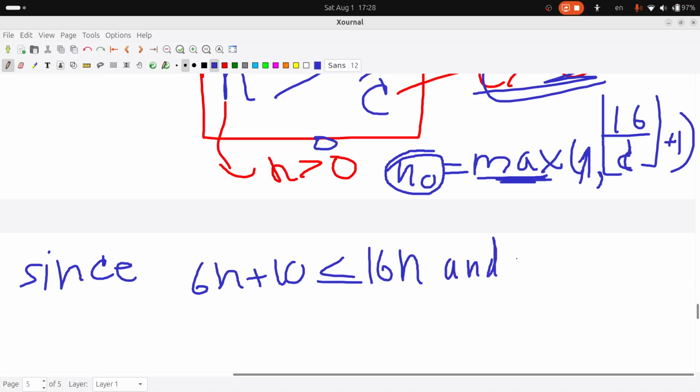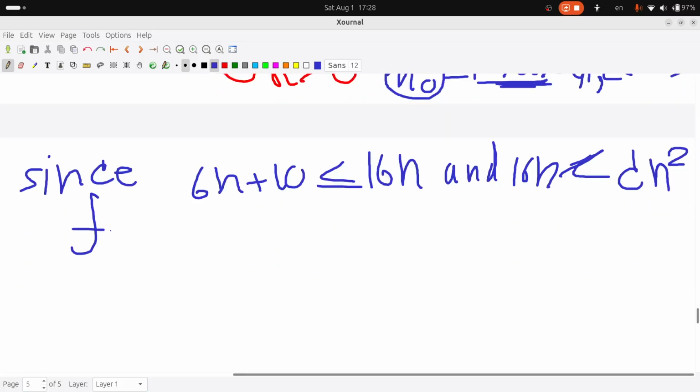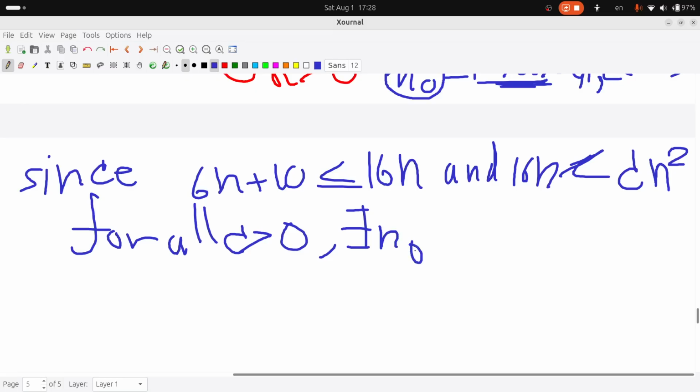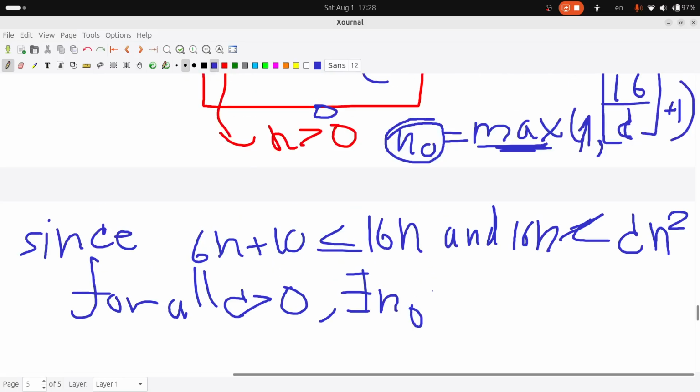And 16n is less than cn squared, for all constants c greater than 0, and for some n0 equal to the maximum of 1 and 16 divided by constant c, plus 1.